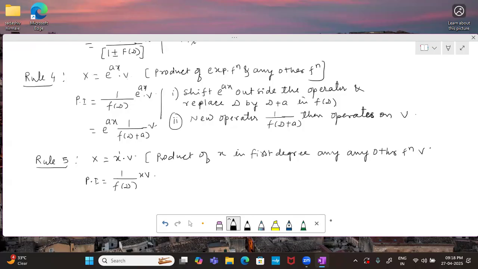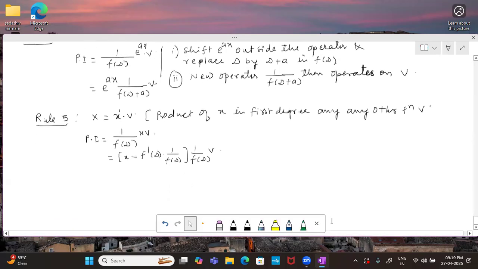So the working procedure or the working rule is like this. It is a formula directly: x minus f dash D into 1 upon f of D, bracket close, into 1 upon f of D operating on V. That is the working procedure. Just remember this formula to apply this rule. And the conditions for this rule are: first, the power of x must be 1.